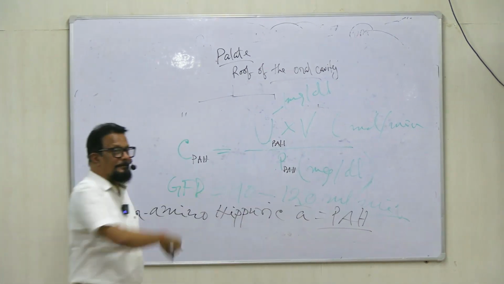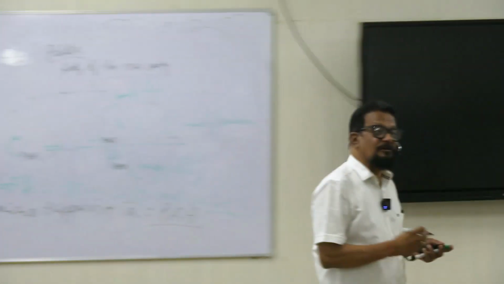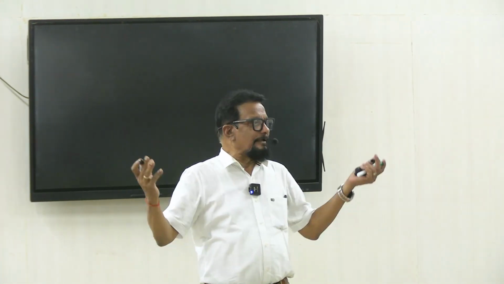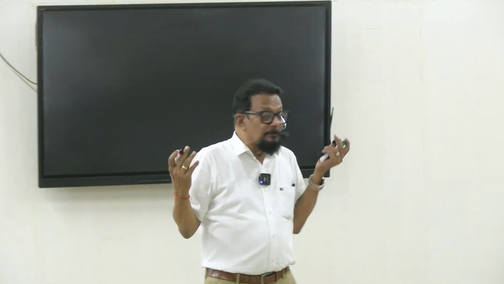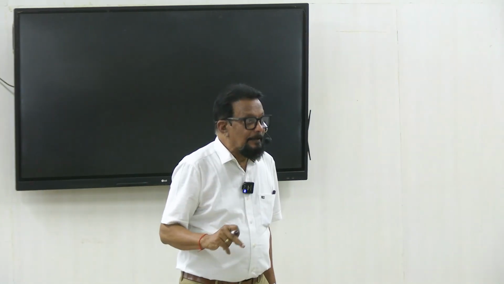Now the value you get is the value of PAH clearance. Why should I calculate it? Is it of no value? It is not giving the value of GFR, but it will provide information regarding something else.